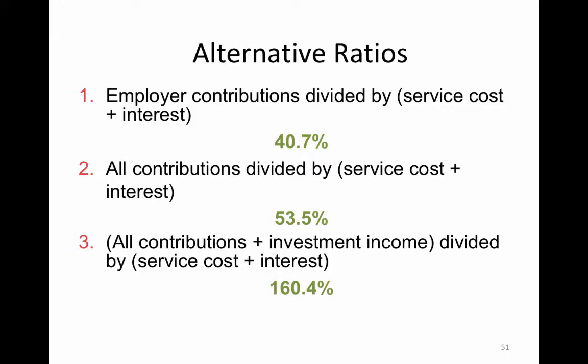Those first two ratios are likely to be relatively constant over time. They may increase or decrease, but not dramatically. Whereas this one, because it includes investment income, which can go up and down pretty significantly from year to year, is relatively volatile. So this third ratio may change quite a bit from year to year. The next year, this could be under 100%.